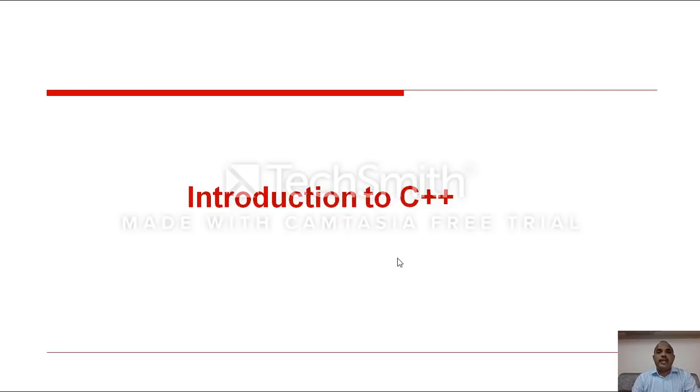However, in 1983, it was renamed as C++. C++ was developed by Bjarne Stroustrup at AT&T Bell Laboratories, New Jersey, USA. C++ is the superset of C. Almost all C programs are also C++ programs.